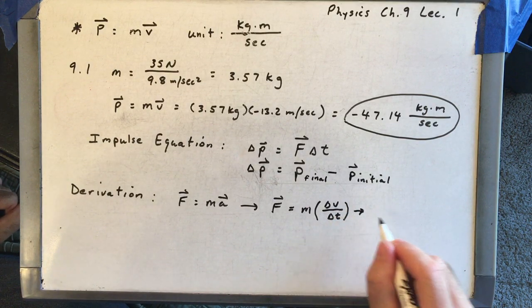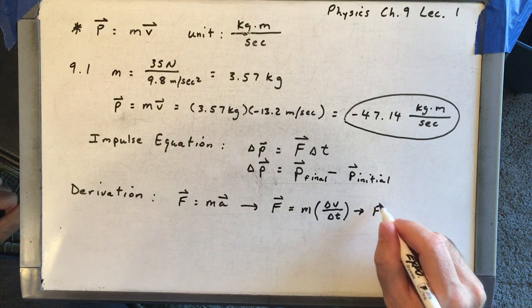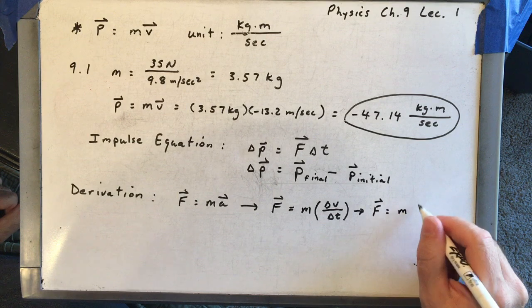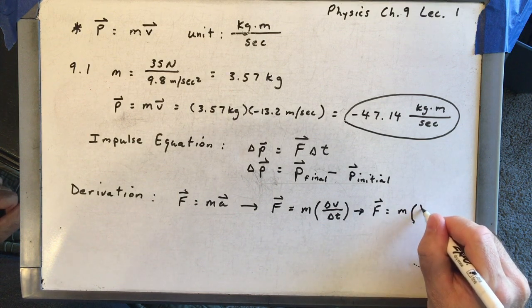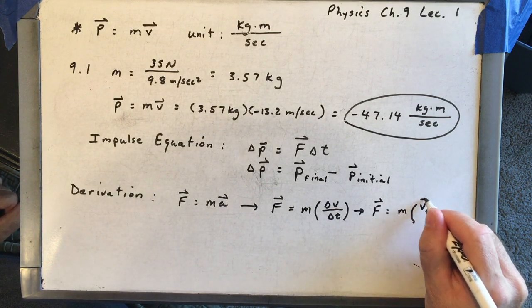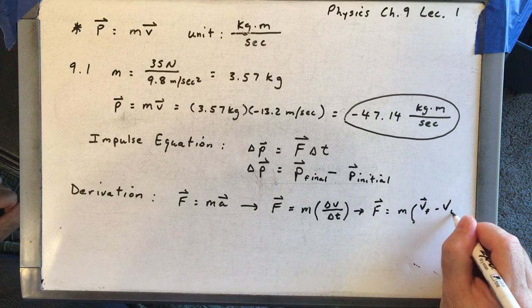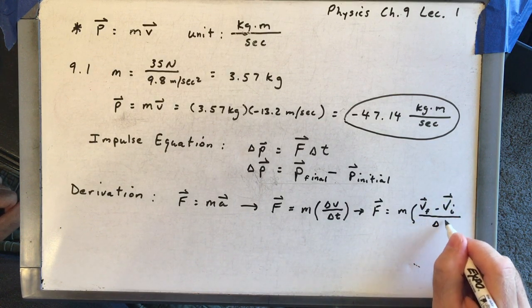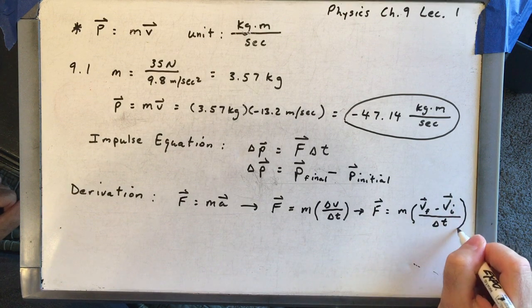And then we can say force is equal to mass times final velocity minus the initial velocity over the change in time.